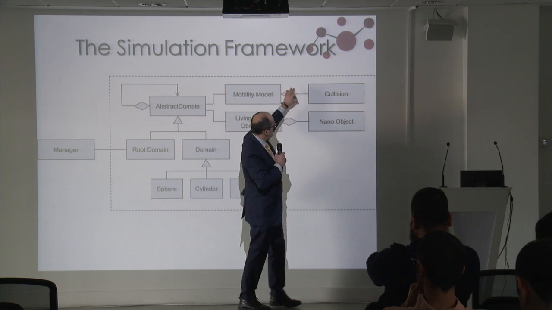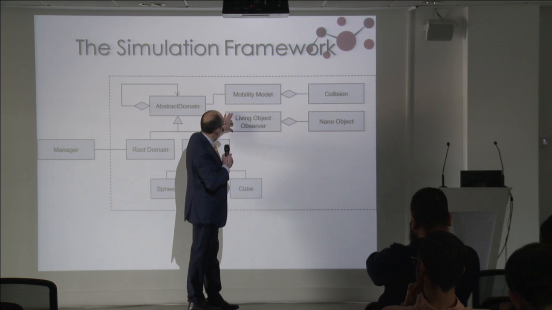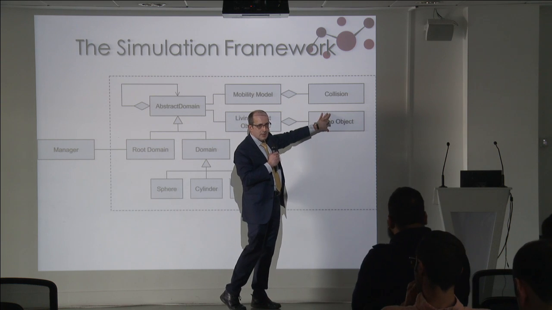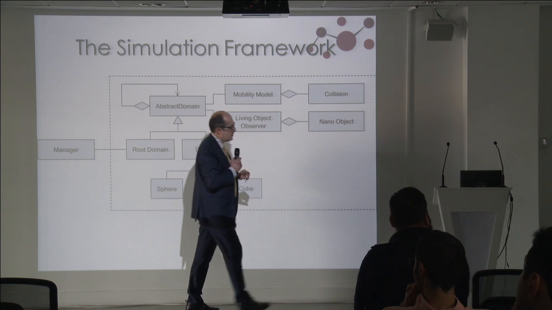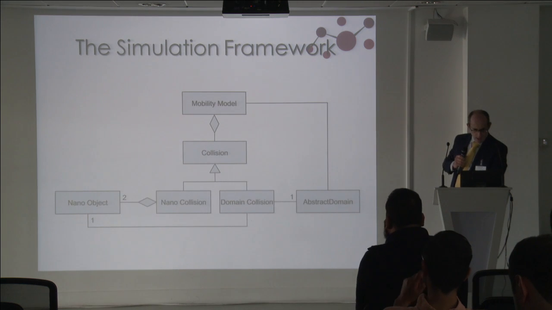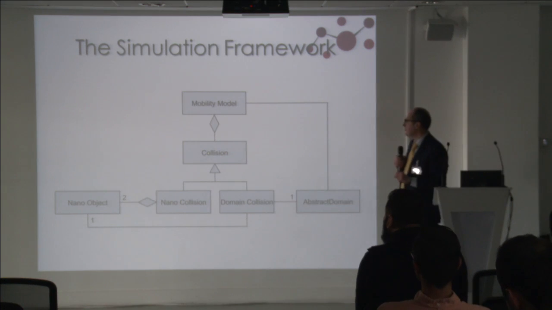The mobility model includes collision handling, and the living object observers have to deal with all the nano-objects that can interact with each other. And this is an example.